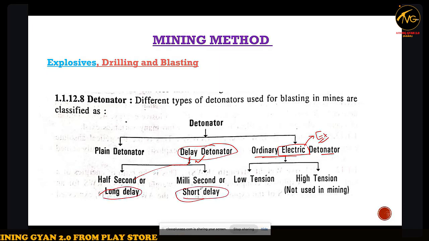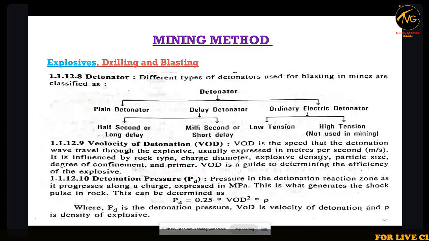Short delay means millisecond. Synonyms: millisecond short delay, half second long delay. And ordinary electric detonator is also two types: low tension, high tension.